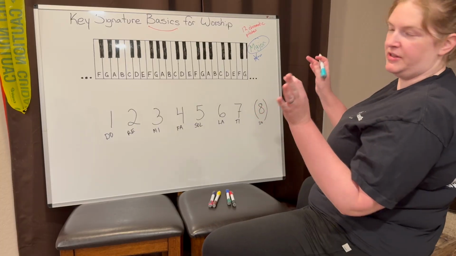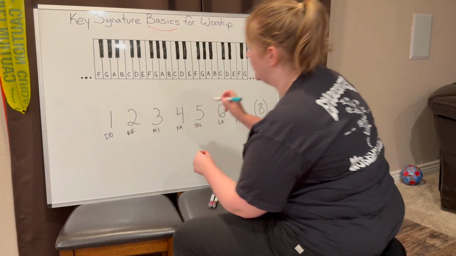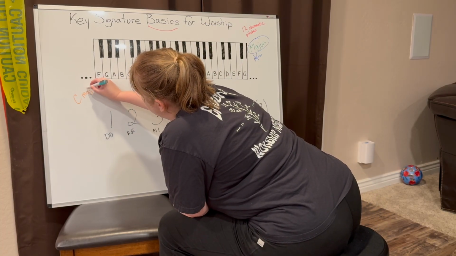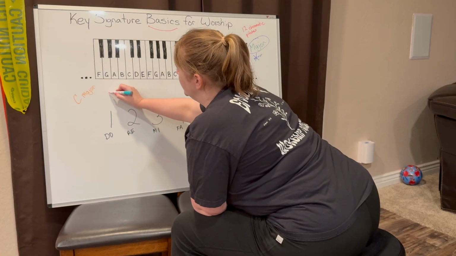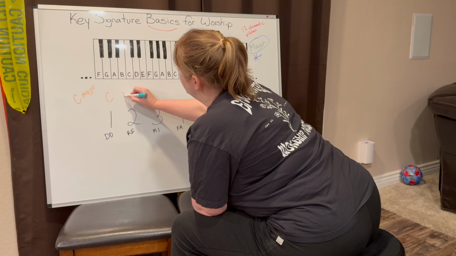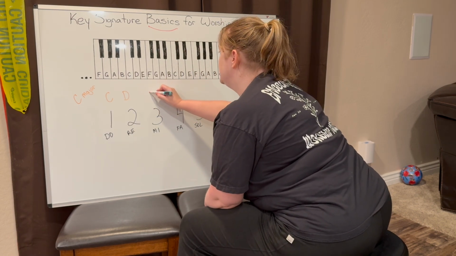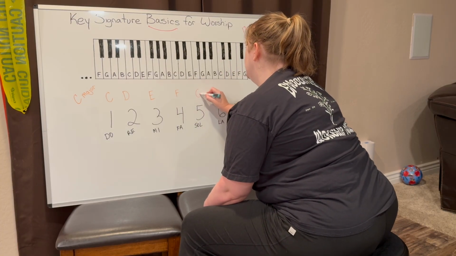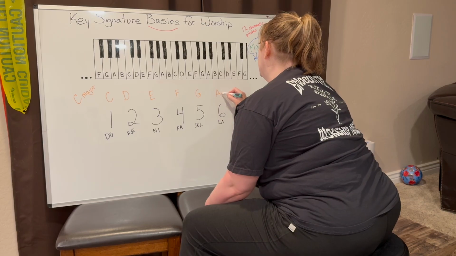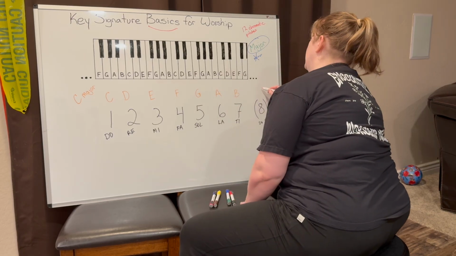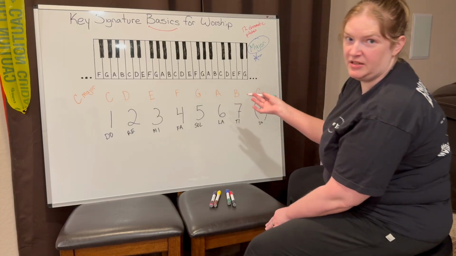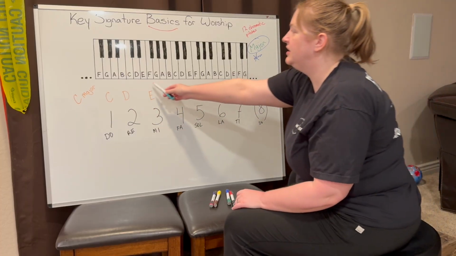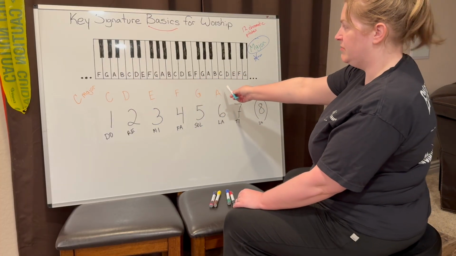Here we go. We'll do C major up here. Number 1 is C, 2 is D, and E, F, G, A, B, and then we're back to C. You may notice that these are all white keys on our little keyboard picture.